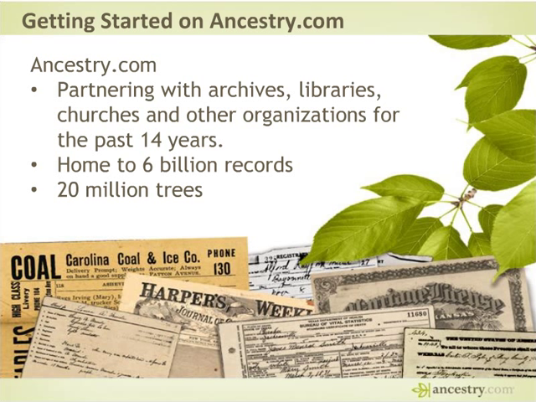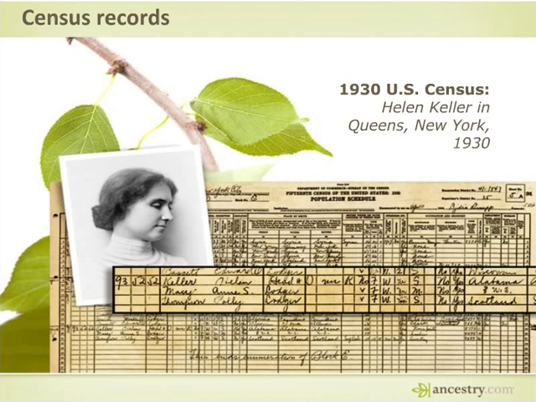So speaking of records, let's talk a little bit about some of the records you can expect to find on Ancestry.com. I think most of you probably are familiar with census records. These are a really wonderful resource for family historians, and we've been turning to them for decades. Since 1790, the U.S. has gone around and taken a census of the population, wanting to know more about the people.